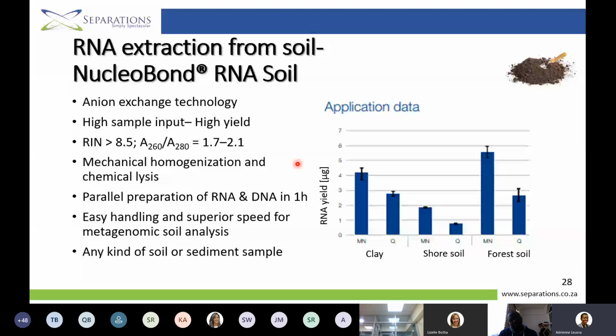We always get high yield for diverse types of soil, and your RNA is always within the purity requirements for NGS. Also, it's very easy to handle and it's very fast. And you can use a DNA set for this kit to have isolation of both RNA and DNA.